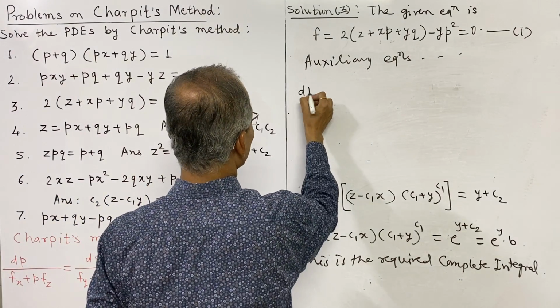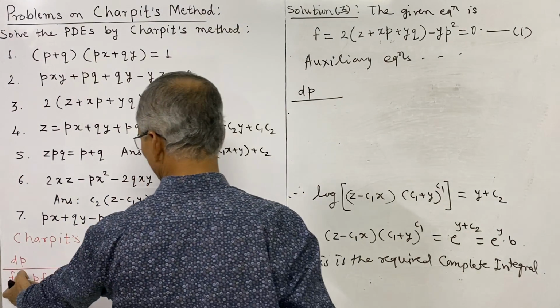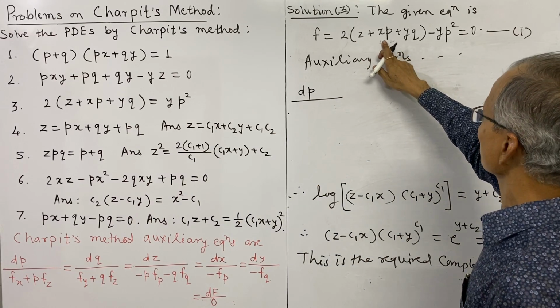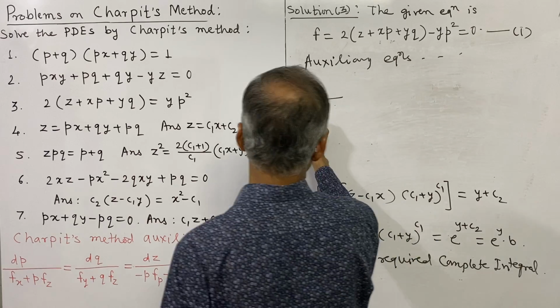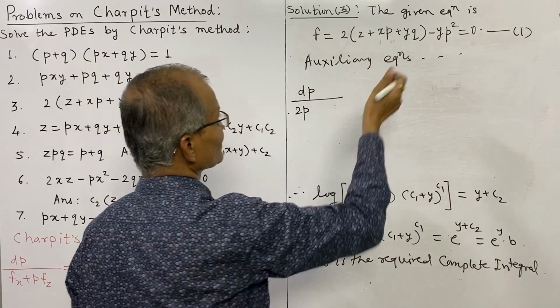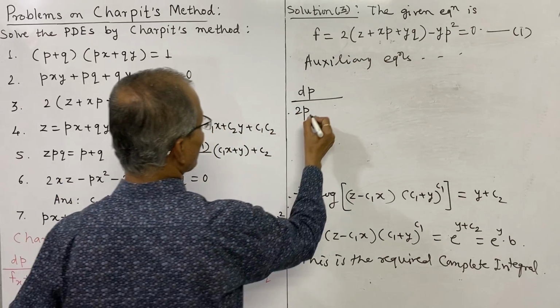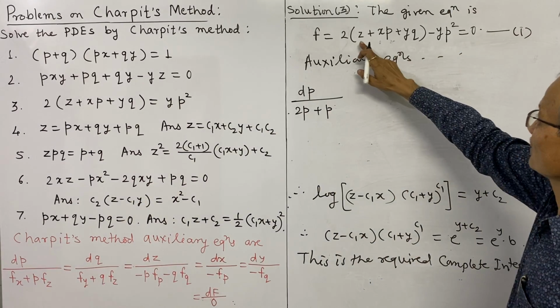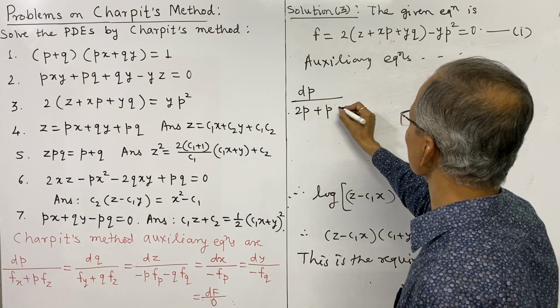That is dp divided by partial derivative of f with respect to x. See this. And with respect to x, it is 2p. Remaining are constant. And p, partial derivative of f with respect to z. Here it is 2z, so it is 2.